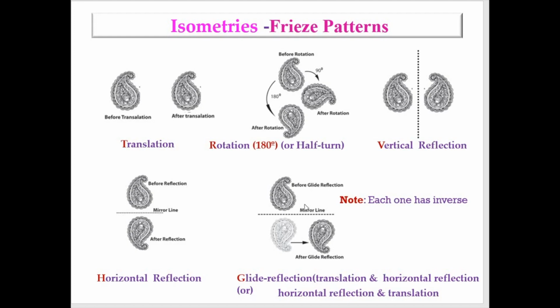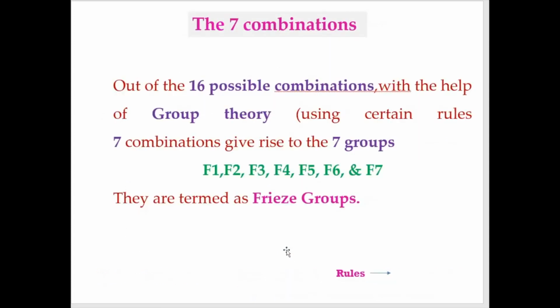Any way we will get the same pattern. So we have these translation, rotation, vertical reflection, horizontal reflection, and glide reflection, these isometries that we are going to consider in these frieze groups.